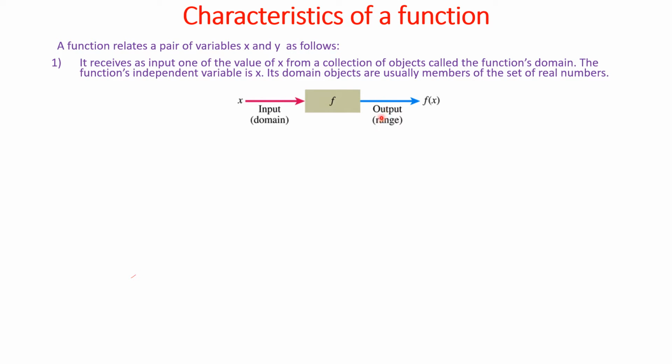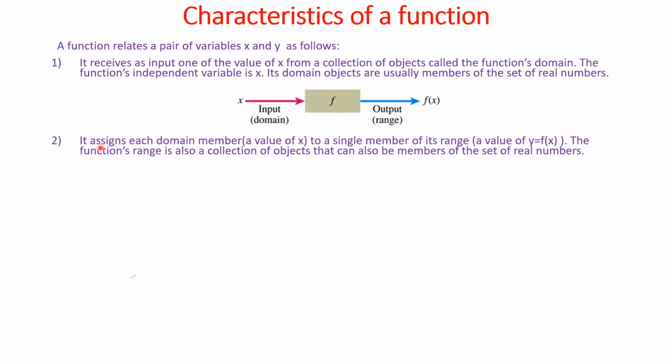We'll talk about the range in a minute. But f of x is a definition of y. It represents y. And that's why we see the relationship between x and y. So the input is x, the output is y.